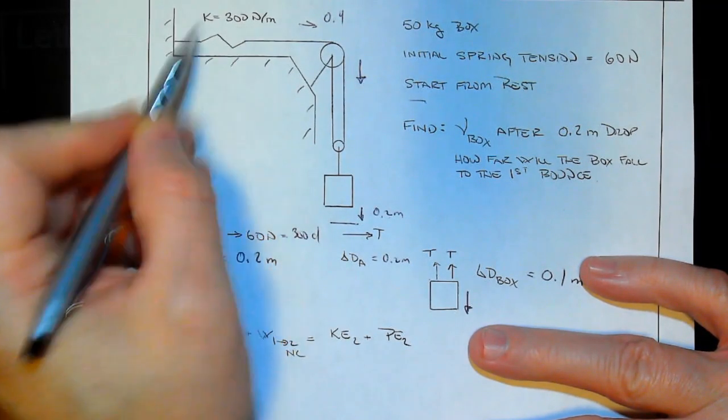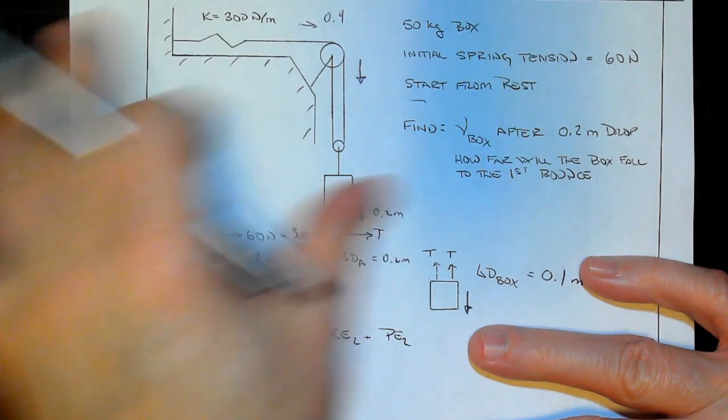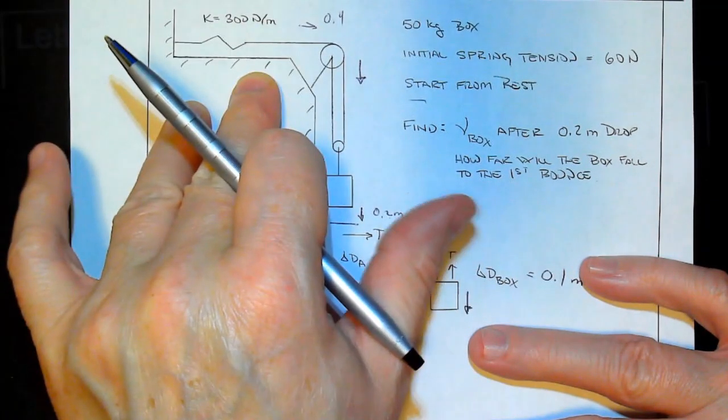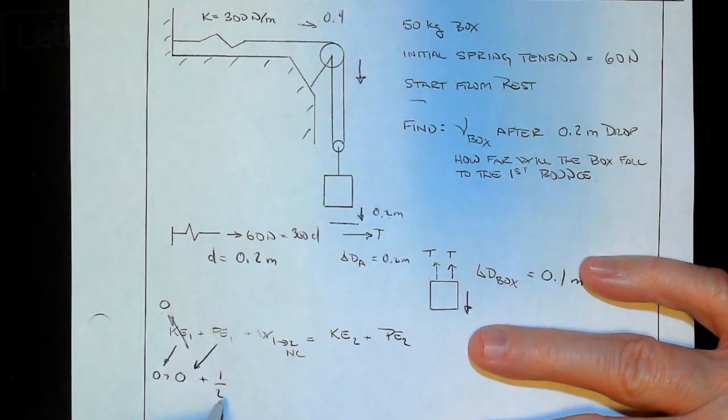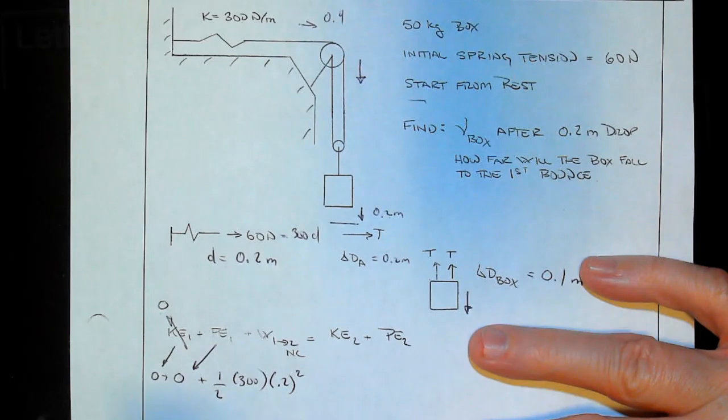We let that stretch already. So we've got to describe all of the energy at the start. No problem. So we had this was a 0. This is due to gravity. Now the spring, we have plus 1/2 300 newtons per meter, and we already have a stretch of 0.2. So we square that, 1/2 kx squared. That side's done.